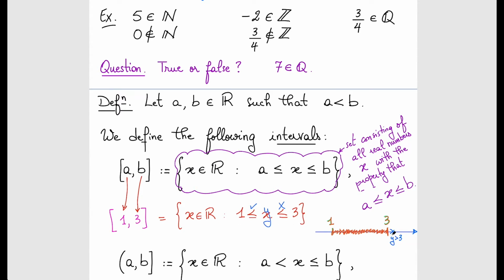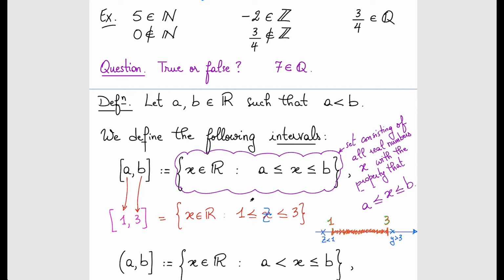Okay? In fact, any number beyond 3 is not going to be a participant in the set, and similarly any number smaller than 1 is also not going to be a participant in the set, right? Because again, let's take an element smaller than 1, let's say z, that's smaller than 1 by design, and replace x by z.